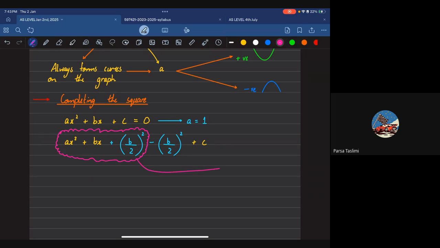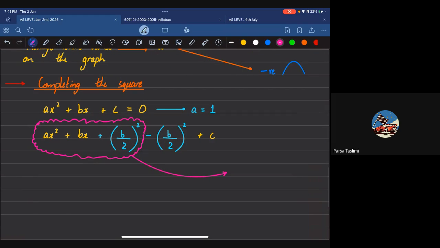But if we look at just this bit, to someone who's obviously done this before, it looks as if this is written in this form, where we used to do a square plus minus 2ab plus b square. When you do this with an example, it will become more clear.